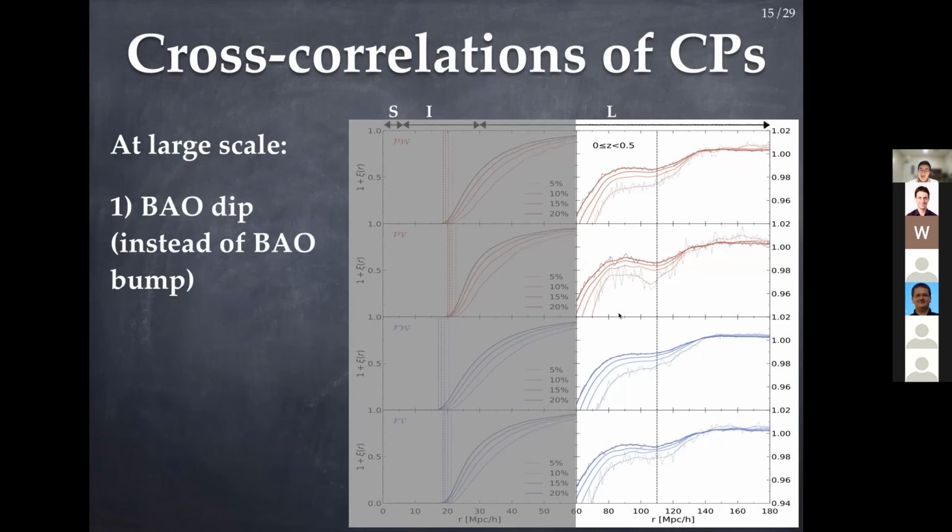And this is showing you that at this typical BAO scale, the anti-clustering is more enhanced in this case. So this is an interesting feature, which is represented as the opposite way as we usually see.